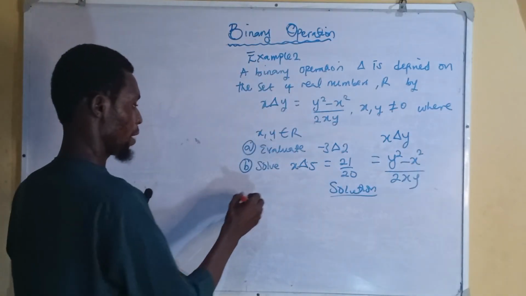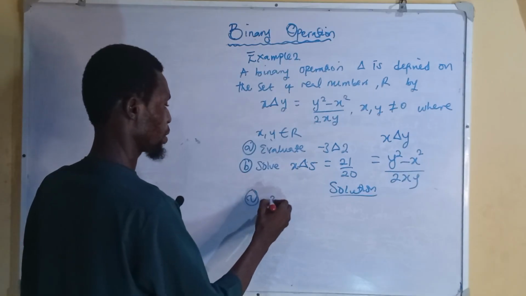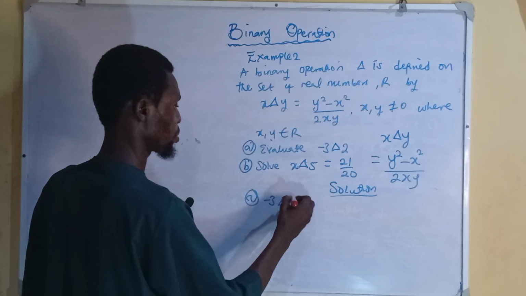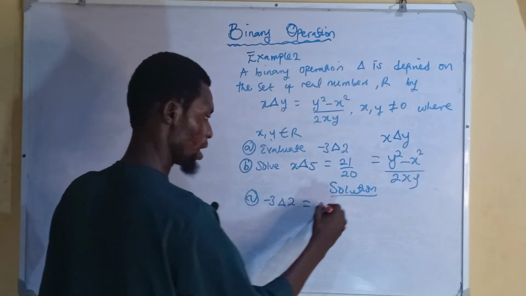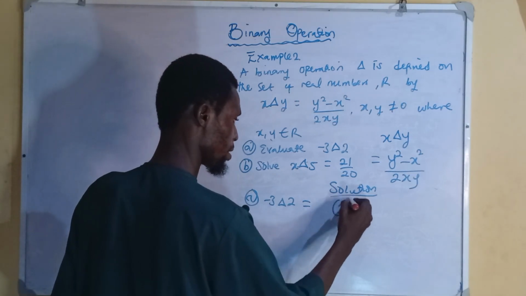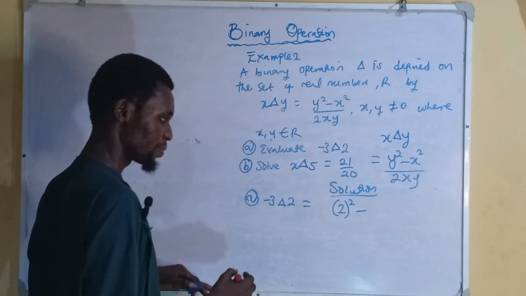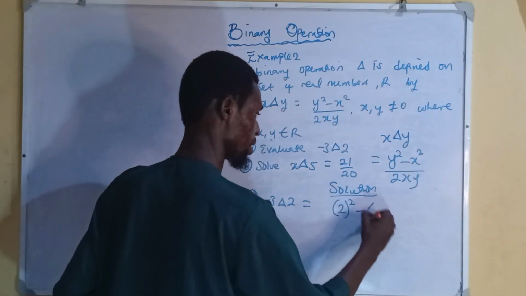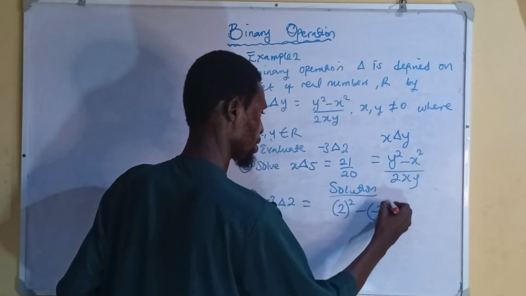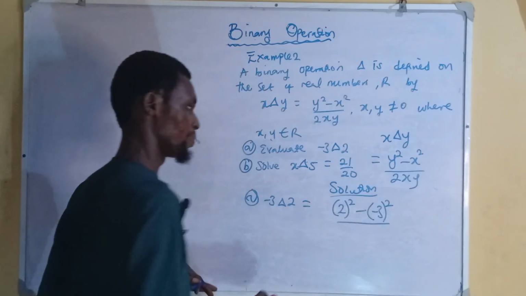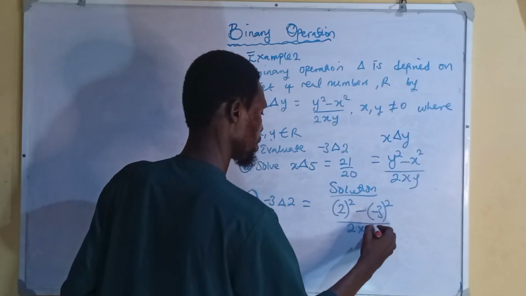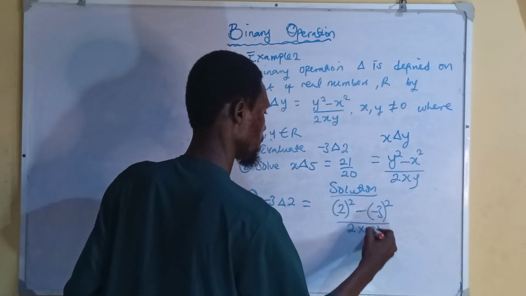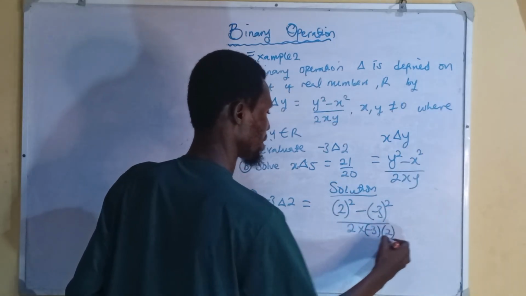So you have the first one. Minus 3 is combined with 2 to produce the second element squared minus the first element squared, all over twice the product of the first element and the second element.